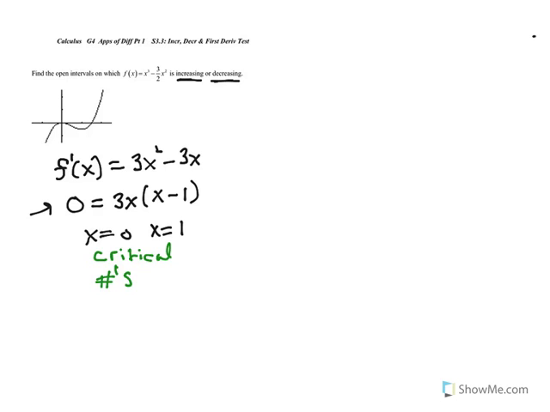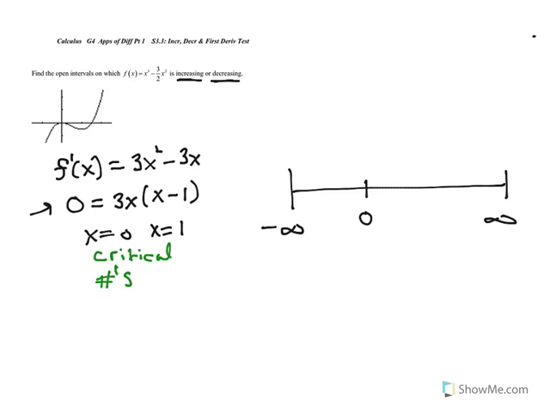So what we want to do is set up an interval test. They didn't give us a particular interval from a to b, so we'll assume we're testing the entire function. So its domain would be from negative infinity to infinity. And we have a critical number at 0.